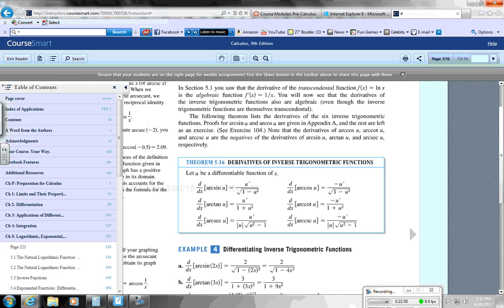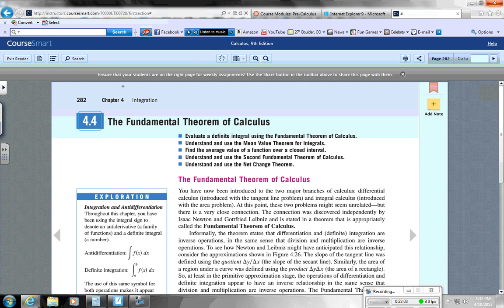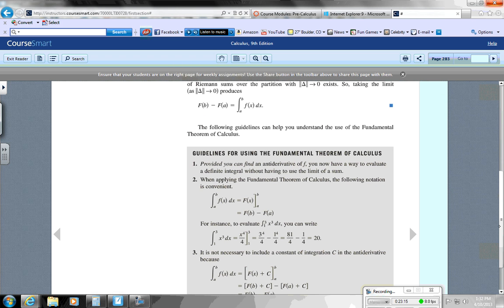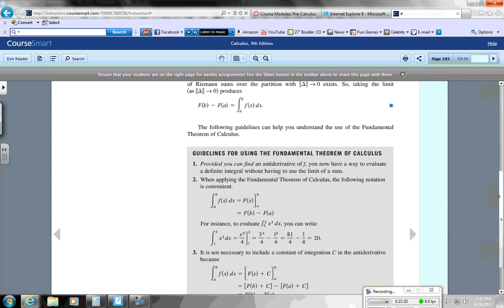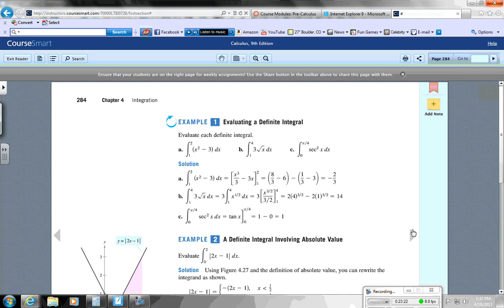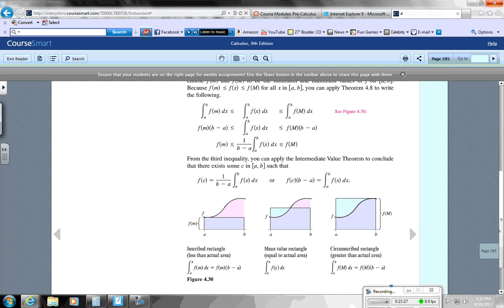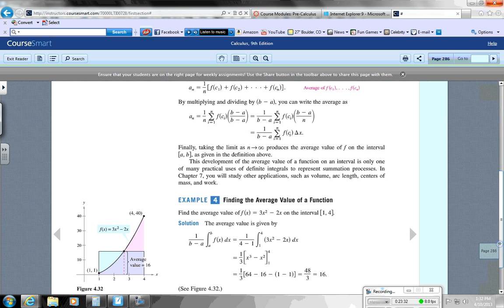Let's see. Integration. Fundamental theorem of calculus. There are a few of those. Well, anyways, somewhere in there. I'm having issues with my Wikipedia. Where is it? I don't see it now.